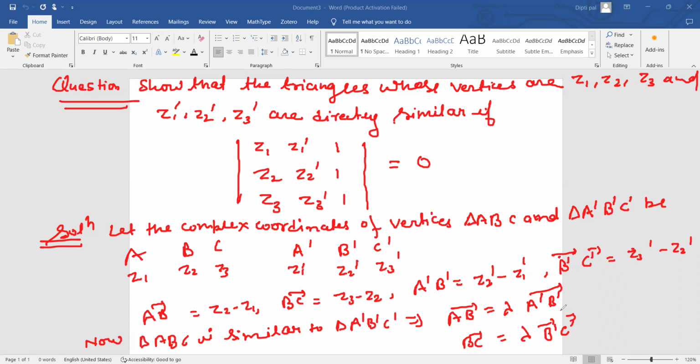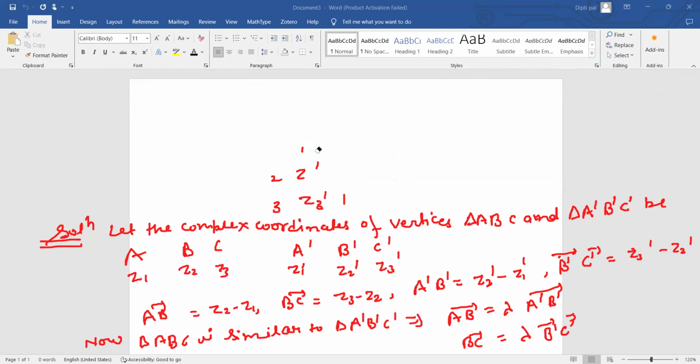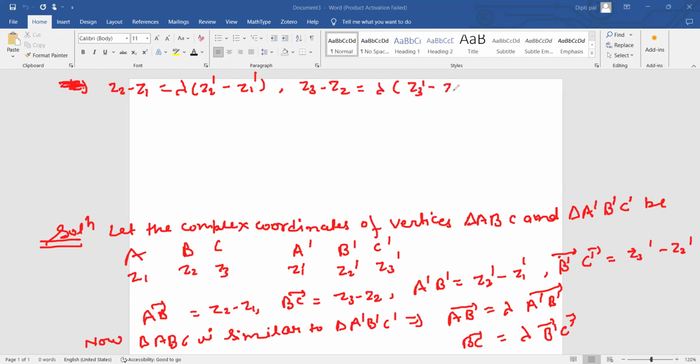So now this implies that Z2 minus Z1 equals lambda times Z2 dash minus Z1 dash. Likewise, Z3 minus Z2 equals lambda times Z3 dash minus Z2 dash.